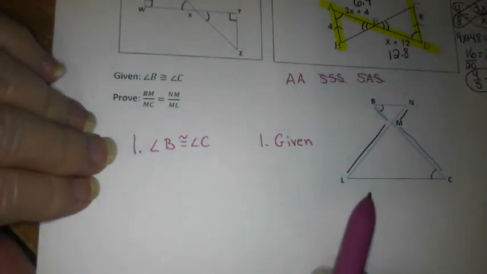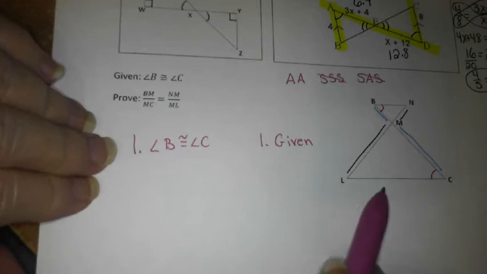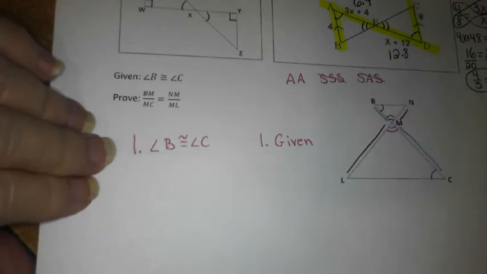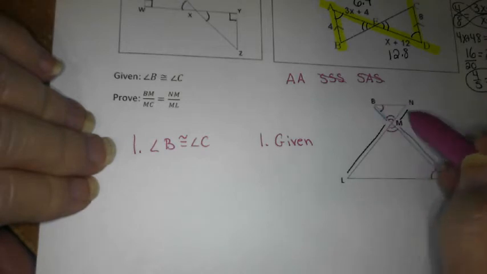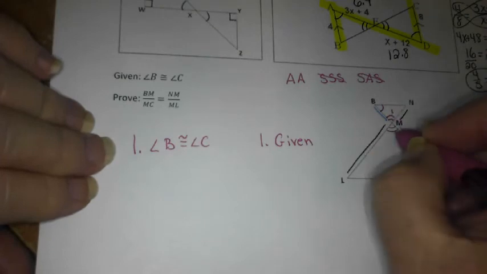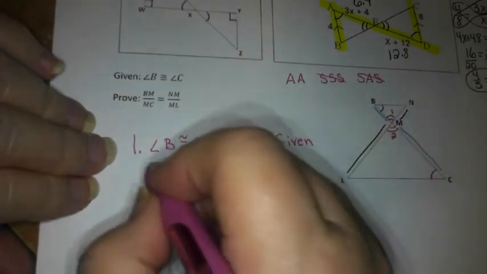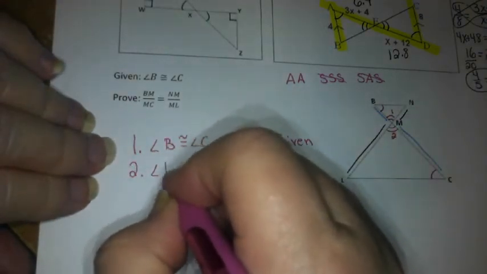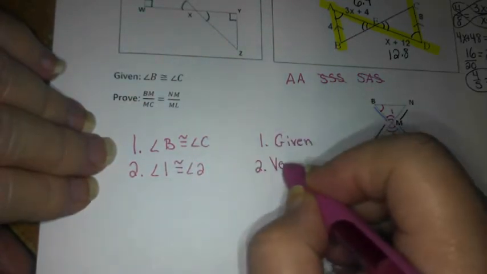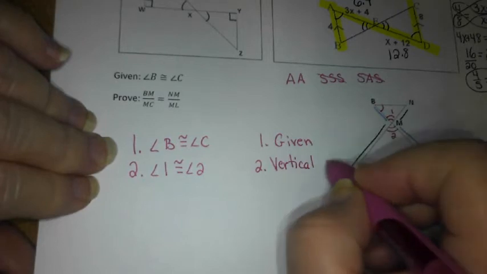Can I find another pair of congruent angles in this picture? If you're thinking vertical angles, you are correct. So you're welcome to call this angle BMN and angle CML, but if you want to, and I do this a lot, I'm just going to number them. So now I can say that angle 1 is congruent to angle 2 because vertical angles are congruent.